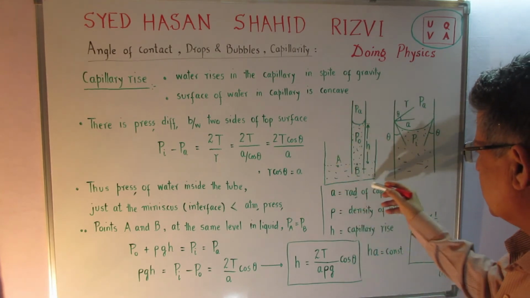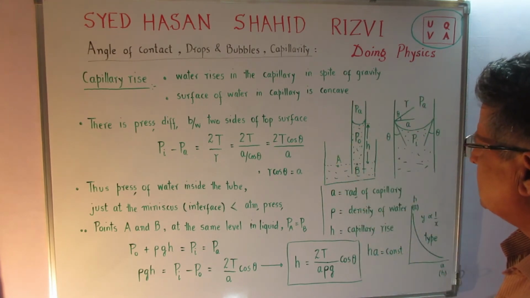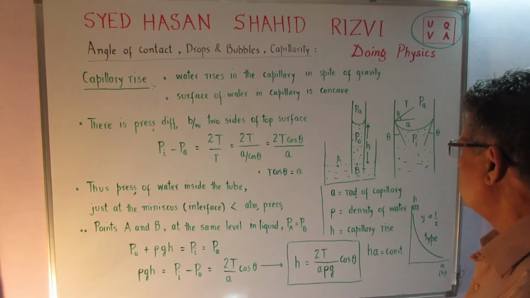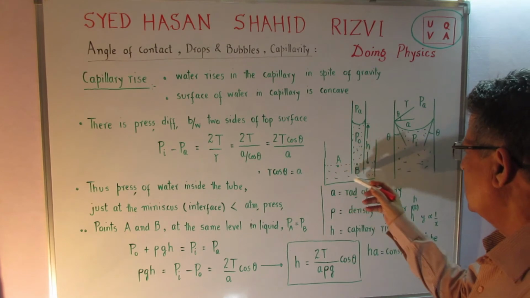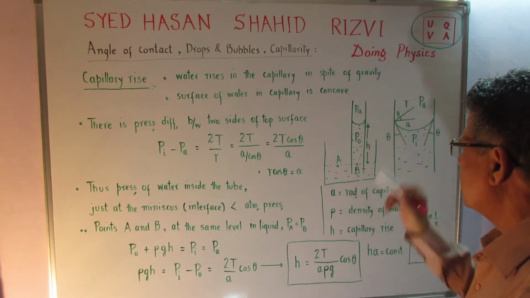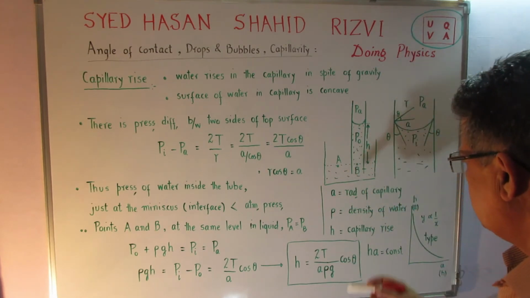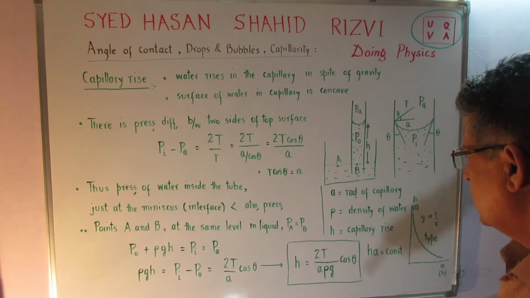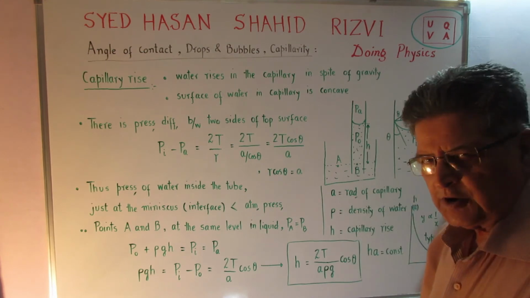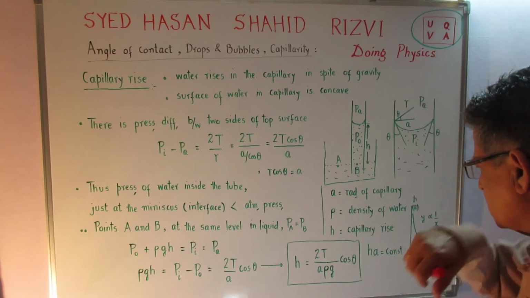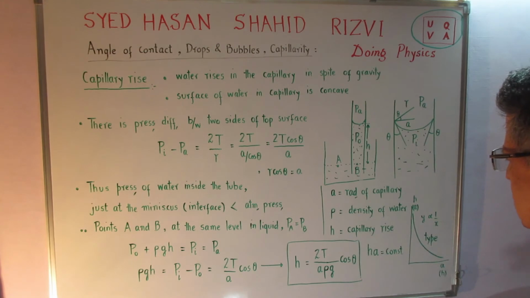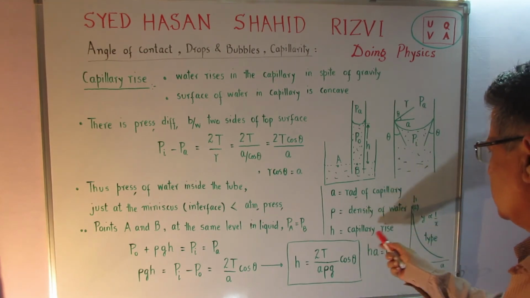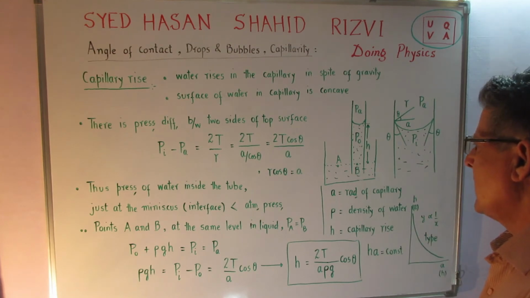So this is a very simple experiment which has been schematically shown to you, and in equilibrium condition we find that the liquid rises in this capillary, which has a radius of A meters or whatever units we are taking. Rho is the density of water or the liquid under consideration, and H is the capillary rise.